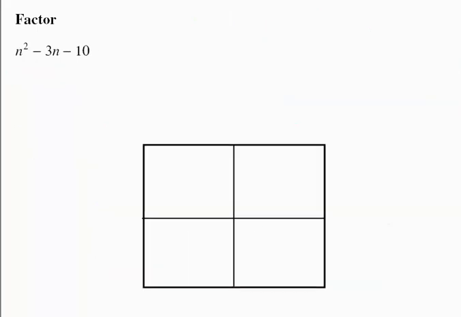Okay, so here's another one for us. I'm going to start filling this out. I know this is going to be n squared. I know this is going to be negative 10. I just have to figure out what two terms have to be here so that when I combine them, they're going to give me negative 3n. So diagonally, these two numbers, the coefficients, 1 and negative 10, multiply to negative 10.